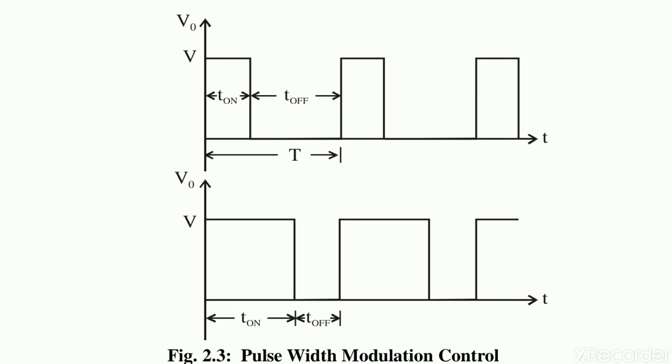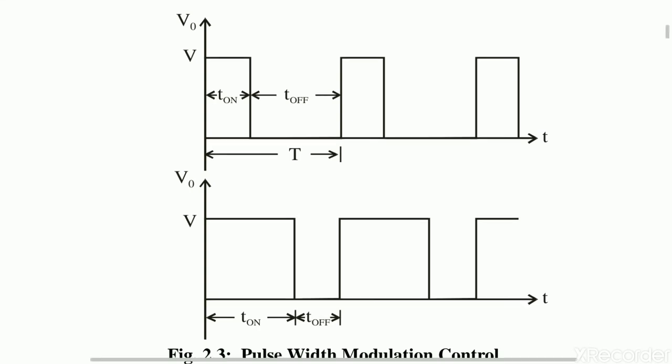But also please keep in mind the capital T, that is time period, is constant in the pulse width modulation control method. So this is the basic operation of this method, and by changing the T on period the output voltage across the load can be varied. This is a very simple technique to control the output voltage.